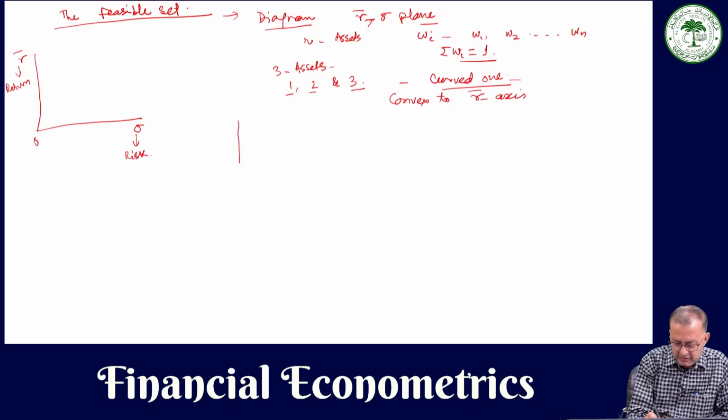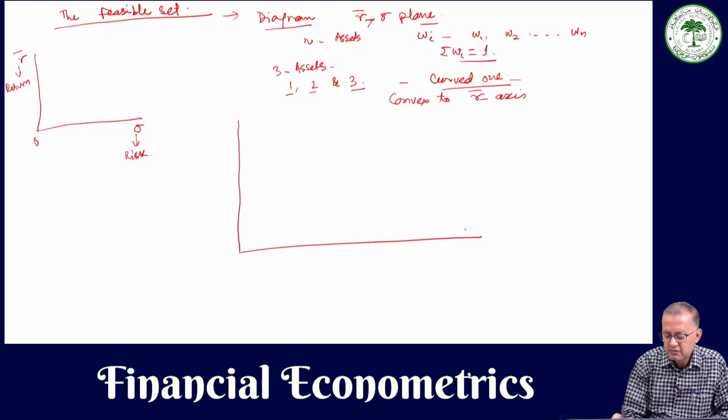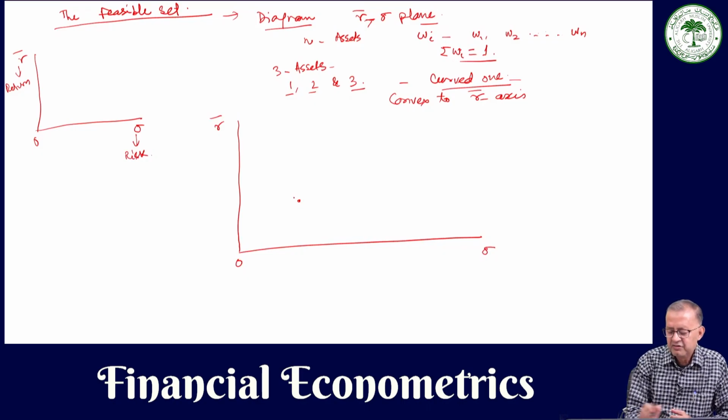So similarly, if this is R bar, this is sigma, the different assets are denoted by different combinations of mean rate of return and standard deviation. This is asset 1, this is asset 2, this is asset 3.